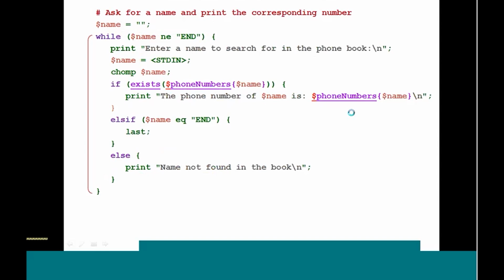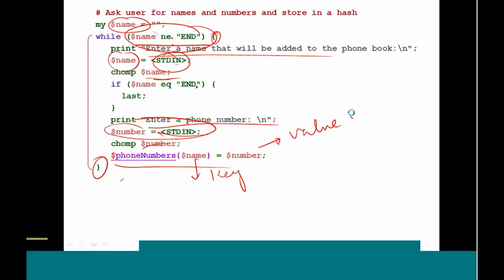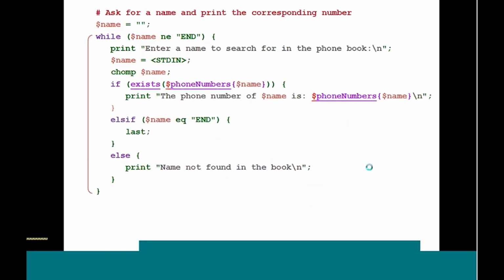So this is the one where we ask for a name and then print the number corresponding to that name. So this program comes after we build this hash array in this slide. So once we build the hash array, now what do we do? So here we again initialize the name.